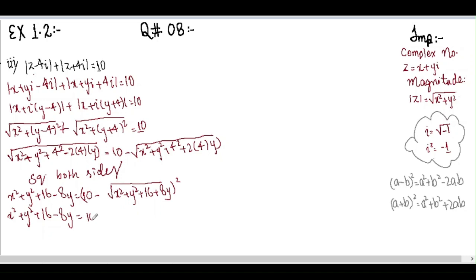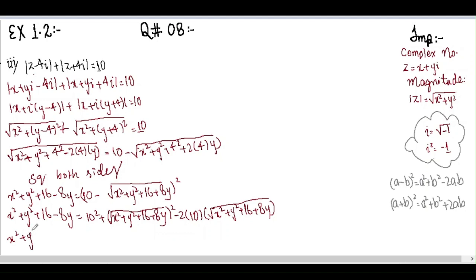So writing it as 10 square plus square root of x square plus y square plus 16 plus 8y as a whole square, minus 2 into 10 into square root of x square plus y square plus 16 plus 8y. So now we get x square plus y square plus 16 minus 8y equals 100. 10 square is 100 plus.